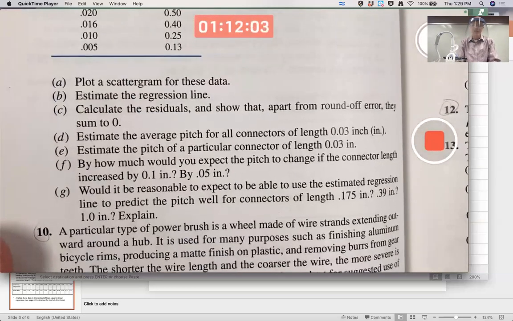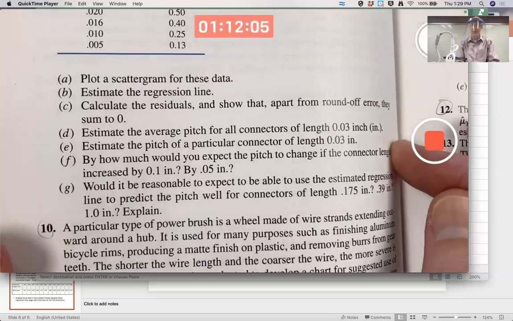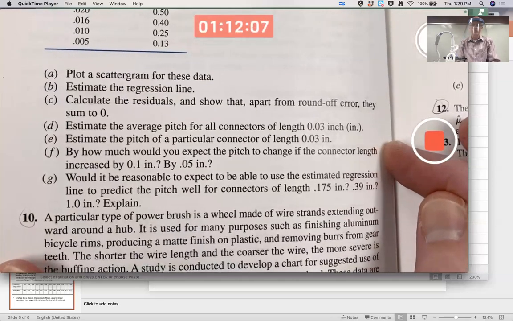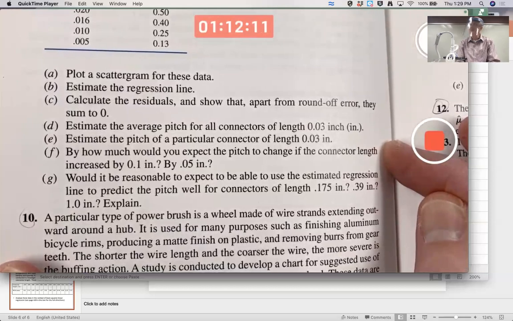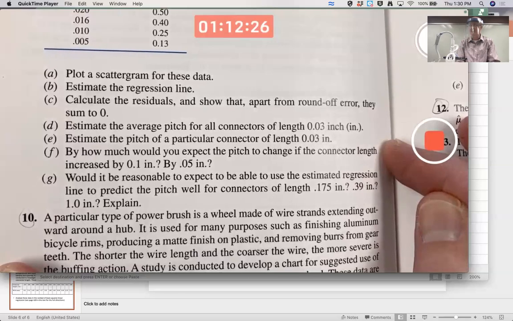Part F, by how much would you expect the pitch to change if the connector length increased by 0.1 inches or by 0.05 inches? What's that about? Hint, think slope, rate of change. This is a Calc 1 problem.